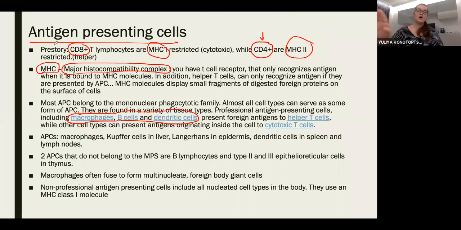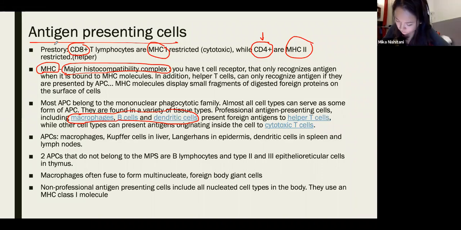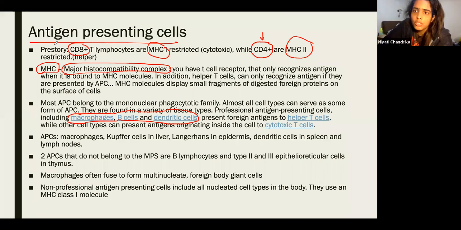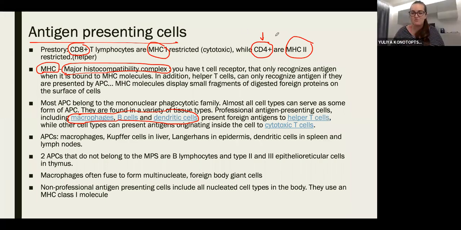All of you are T helper cells. Each and every one of you is a T helper cell. What do you have on your surface? MHC1, yes, because you have a nucleus probably, but what do you have on your surface if you're T helper? CD4. So each one of you, because you're a T helper cell, has CD4 on your surface.